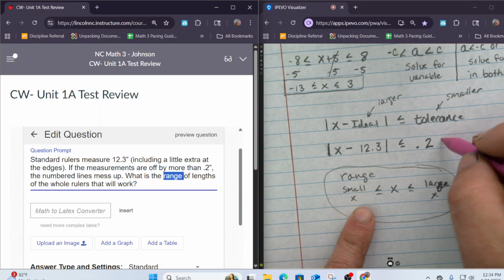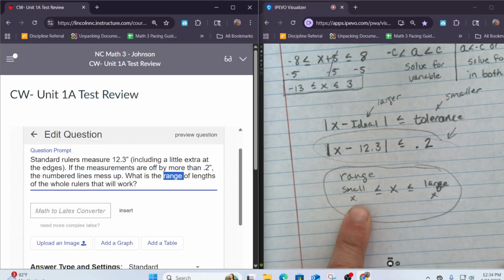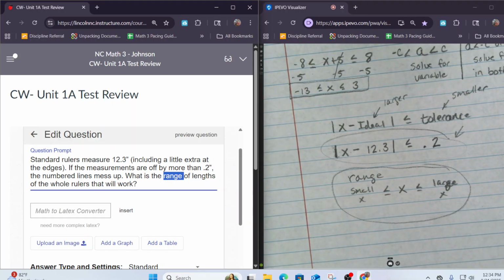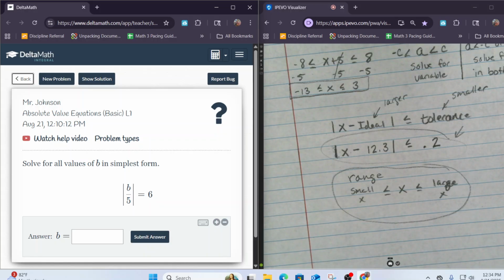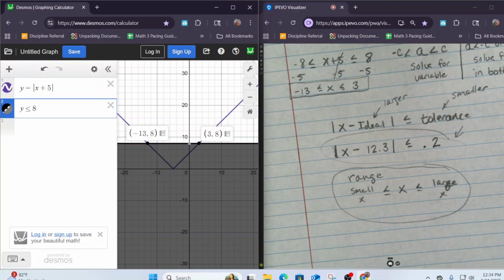Actually, this right here is going to be the answer for the next problem. We'll talk about that in a minute. But if you see the word range, then that means the actual absolute value inequality.